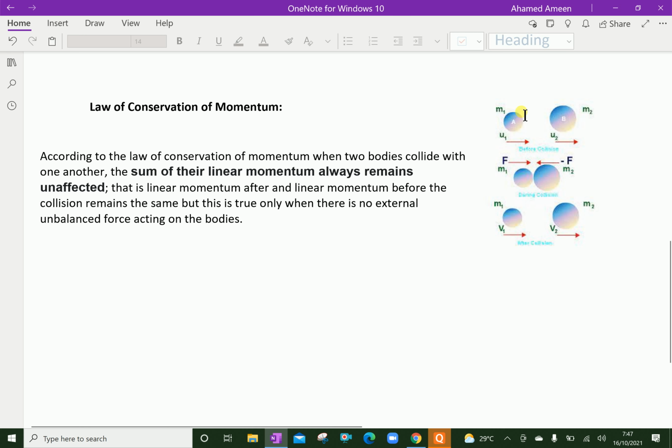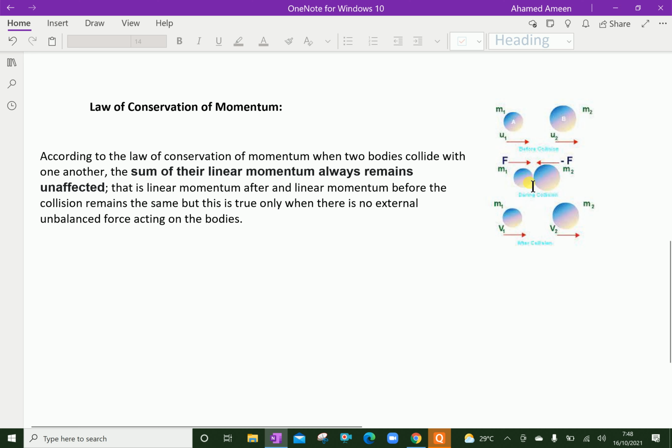Look at the figure. Here two bodies having masses m1 and m2 are moving in the same direction with velocities u1 and u2 respectively. This is the first part, before collision. Now, during collision, look at this figure: the forces act in this direction and in this direction.